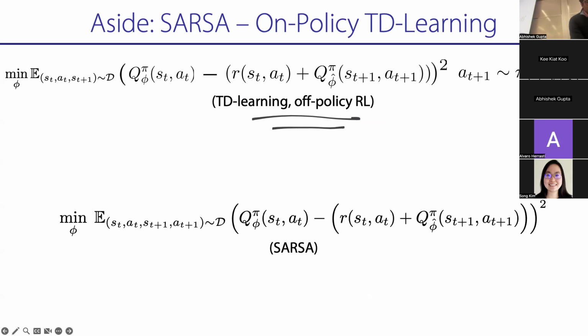You want to use this because you can sample this and this from different policies. Whereas in SARSA, you sample the left-hand side and the right-hand side from the data. So you sample a_{t+1} from the same behavior policy that collected the rest of your data. It's still going to do dynamic programming, but it's on policy.